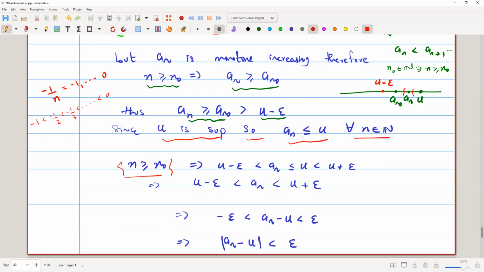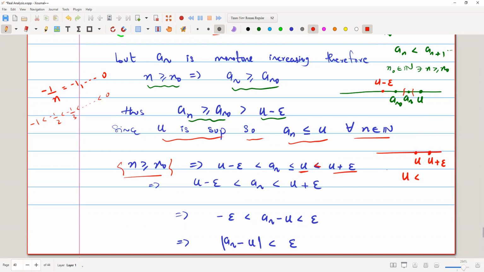That is less than or equal to u, because every element of the set is less than or equal to its supremum. And we know that u is less than u plus epsilon. It's obvious: if we have some u here, then u plus epsilon is here, which is greater than u.